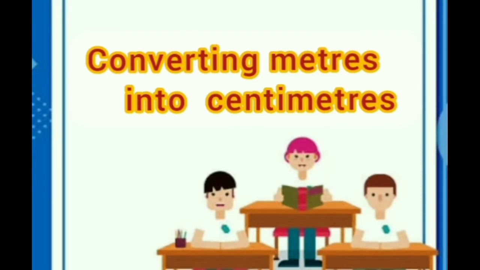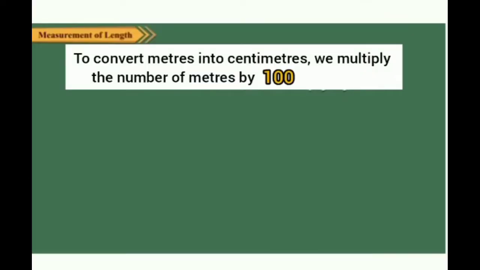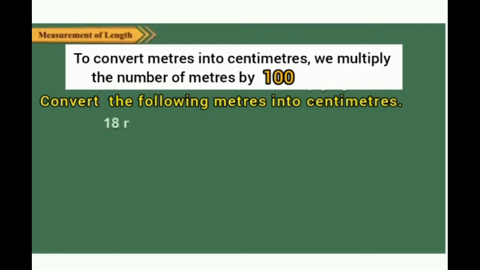Now children, let's learn the method of converting meters into centimeters. To convert meters into centimeters, we multiply the number of meters by 100. To understand this, let's take one example. Here is our question. Convert 18 meters into centimeters.